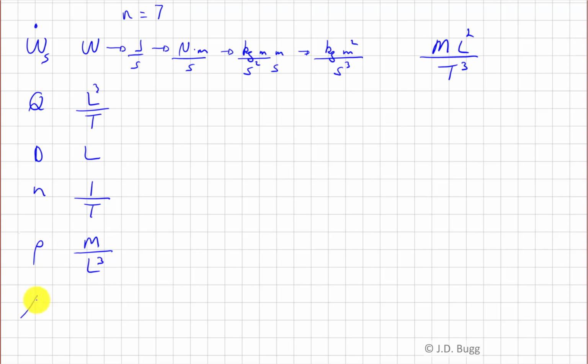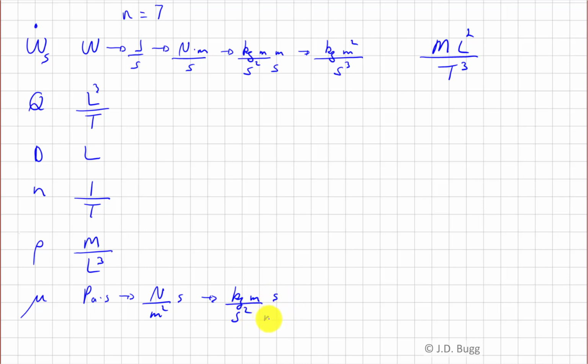Next is viscosity. So for viscosity, we'll do a similar thing that we did up here. Viscosity, this is dynamic viscosity, so it's Pascal seconds. Again, not fundamental units. A Pascal is a Newton per meter squared. Still not fundamental units. A Newton is a kilogram meter per second squared.